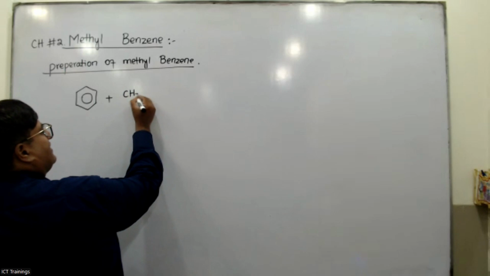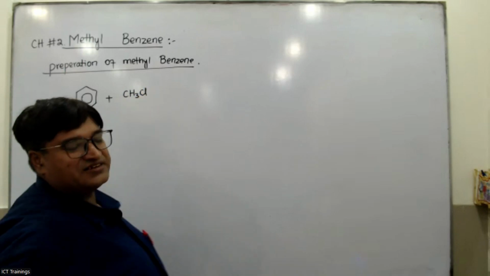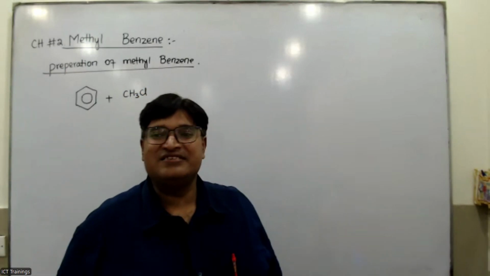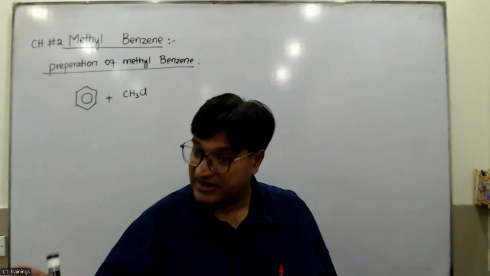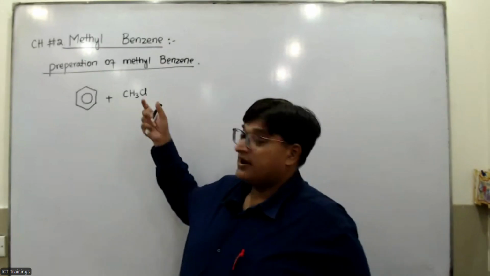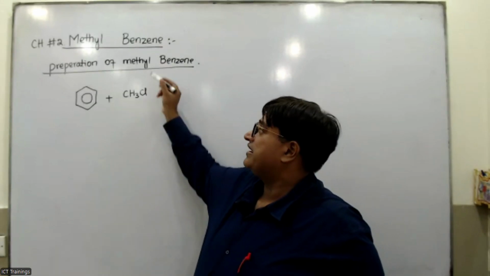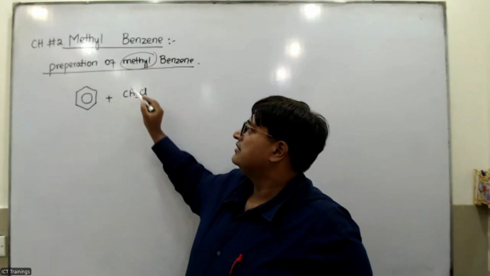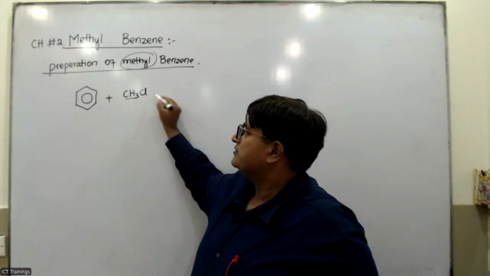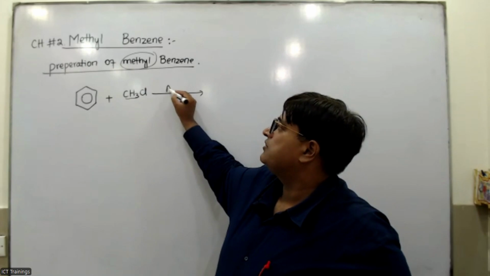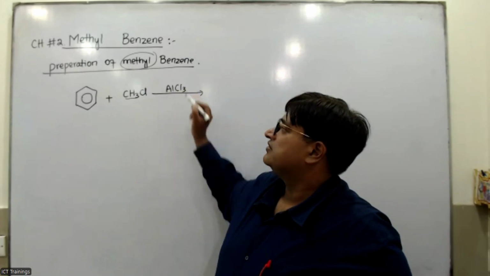CH3 and Cl, because I told you yesterday that benzene could react only with chlorine, bromine, or a halogen derivative. So with a halogen derivative or halogenoalkane, here you need the methyl, so you should take the methyl and join it with the chlorine. AlCl3 would be used as a catalyst.